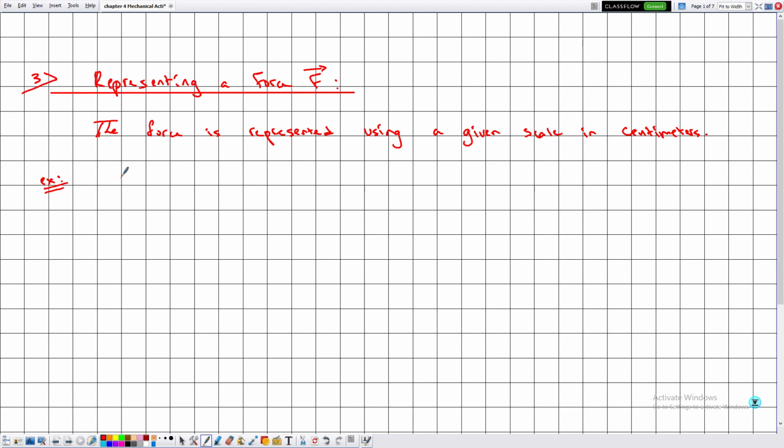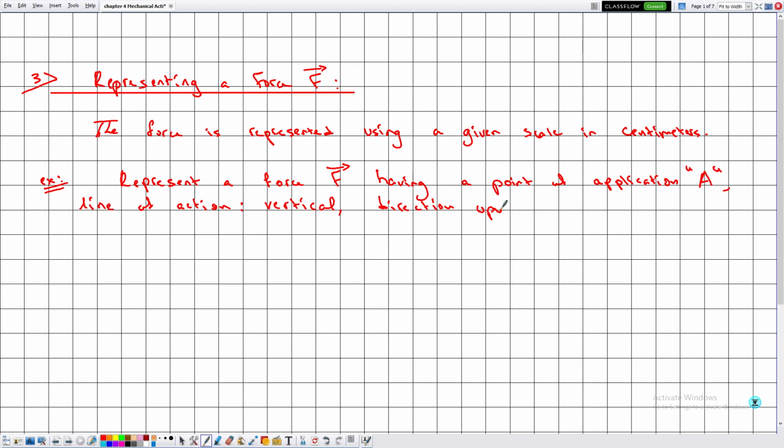So let me consider the following example and say represent a force F having a point of application A, line of action vertical, the direction is upward, and the magnitude is 30 newtons.